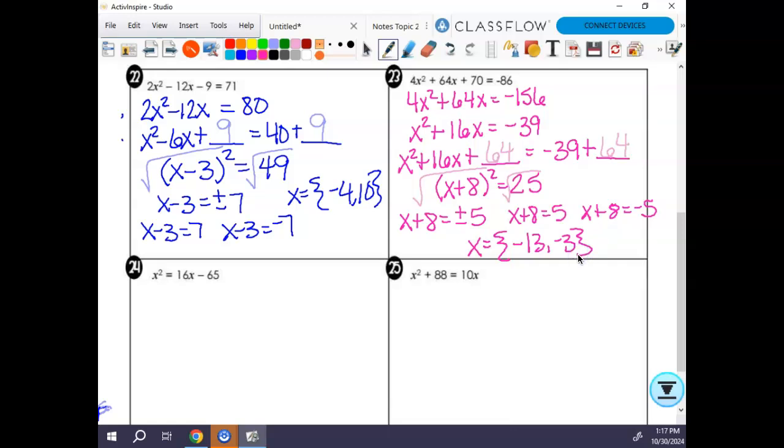Those are the two numbers I got. I keep looking over it here because I did it differently on my paper. I don't know why.